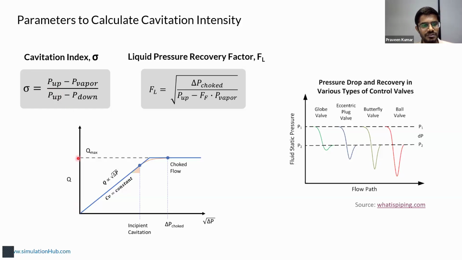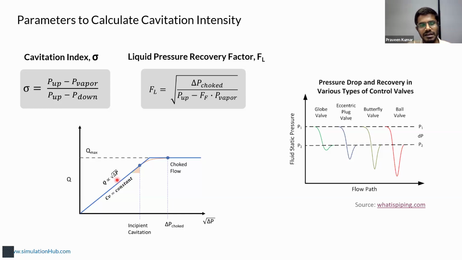What happens is when I plot the flow rate against the square root of pressure drop, you can see a straight line. This indicates that Cv is constant and Q is proportional to the square root of pressure drop in the non-cavitating zone. Beyond a certain point, Cv will not remain constant, and this line cannot extend in the same direction.